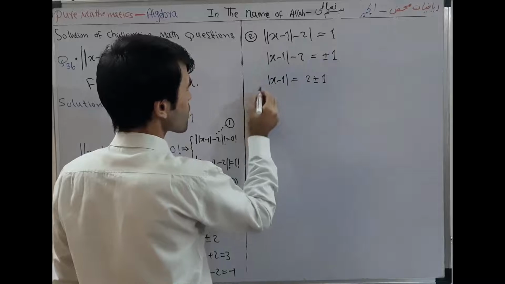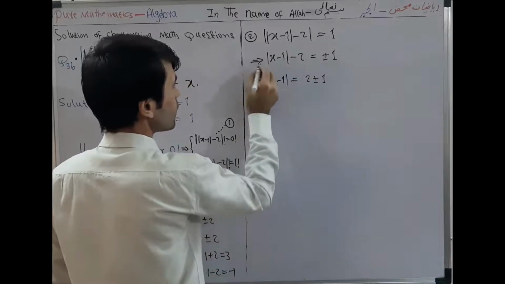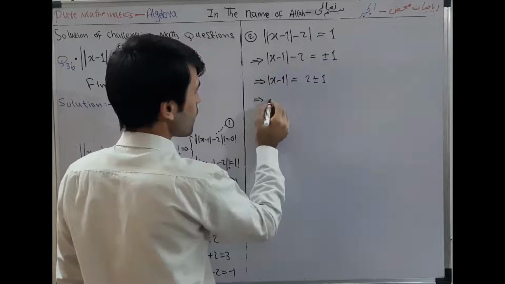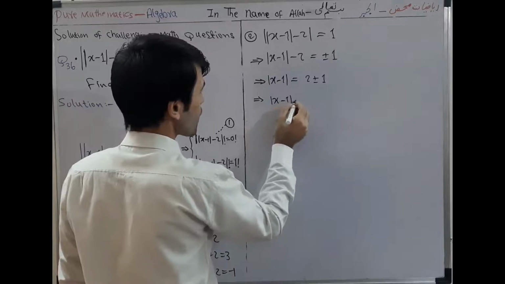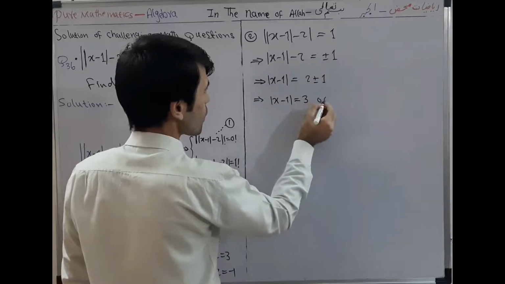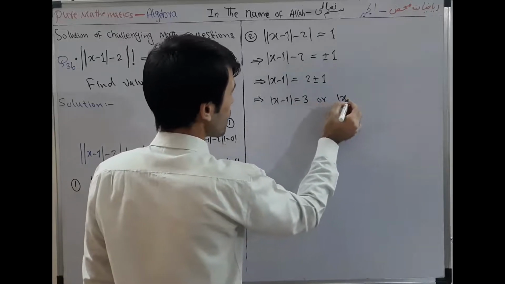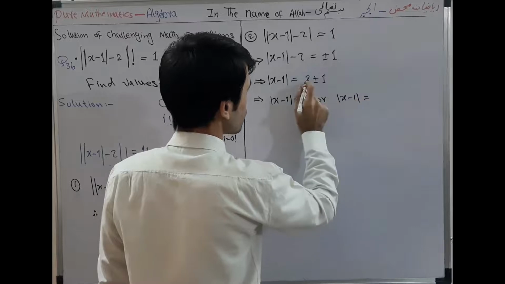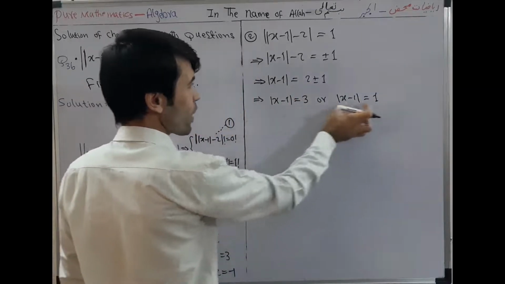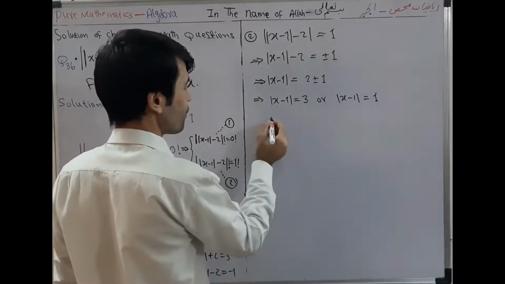This implies the absolute value of x minus 1 is equal to 2 plus 1, which is 3, or the absolute value of x minus 1 is equal to 2 minus 1, which is 1. Here also we have two equations, we want to solve them.